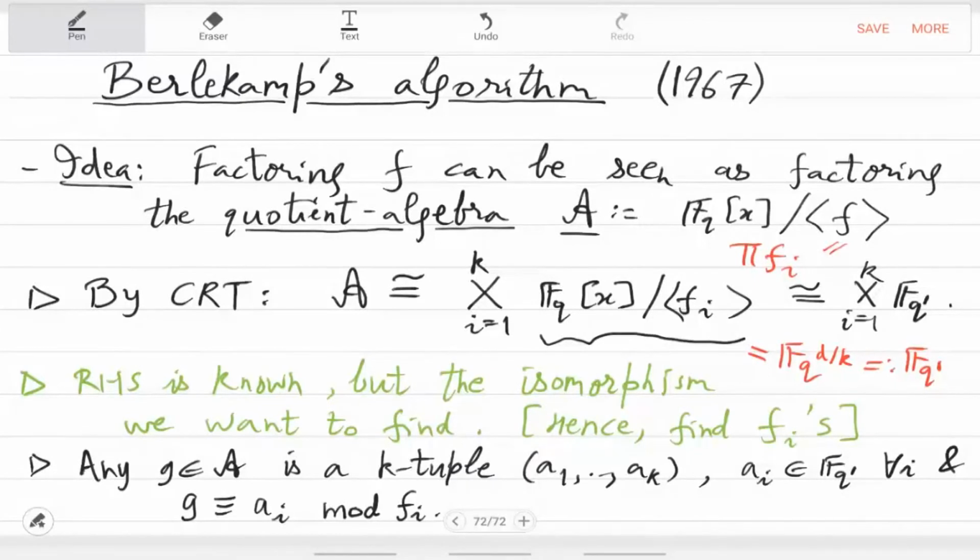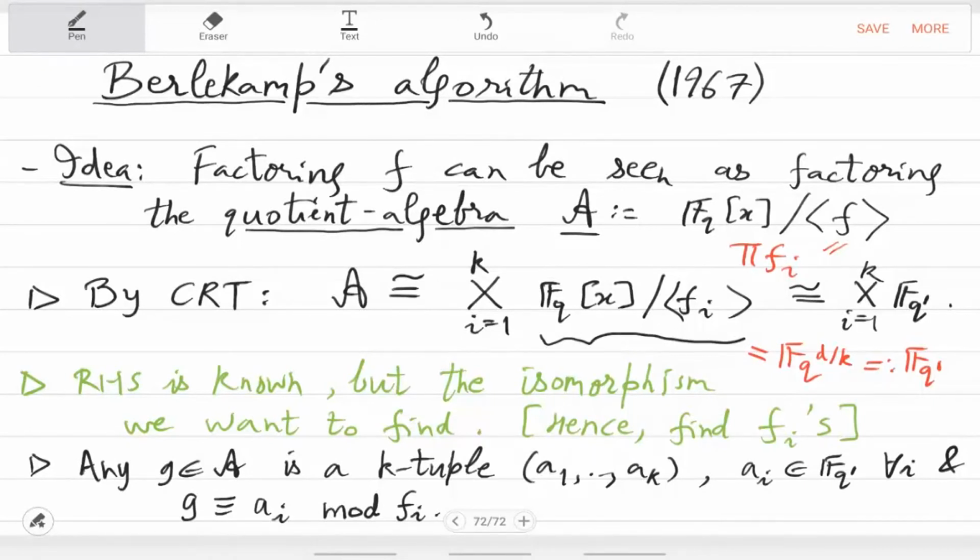This is again just invoking Chinese remaindering. Chinese remaindering takes an element of the LHS, let's call it g, and just looks at the remainder. So g mod f_1, g mod f_2, g mod f_k will give you these coordinates of the k-tuple. That is how the isomorphism works. But since we don't know f_i, we will never know a_i.